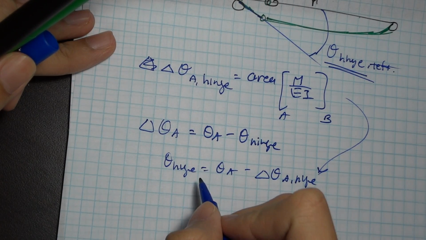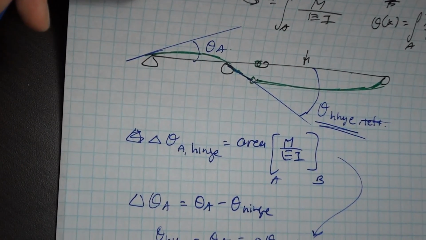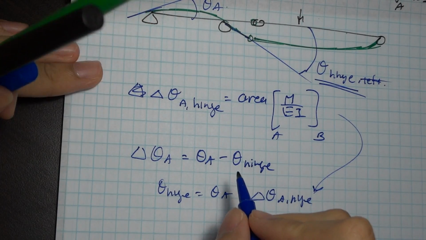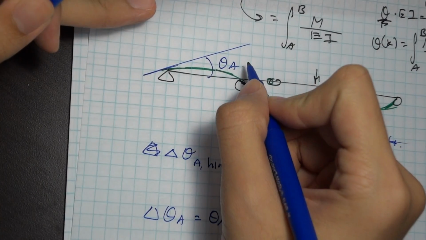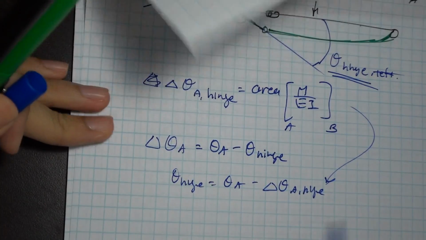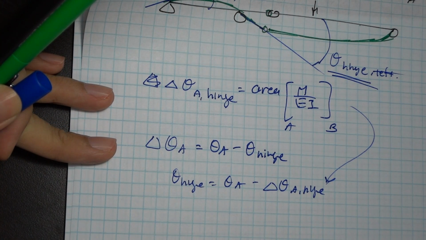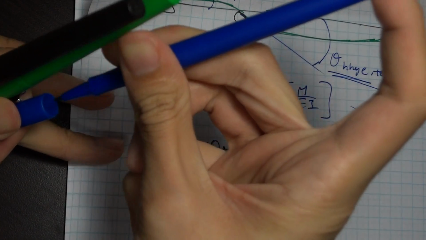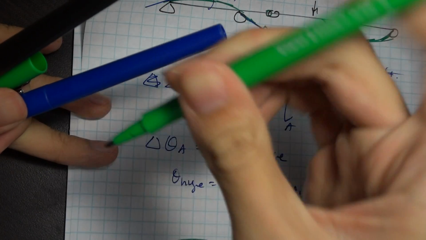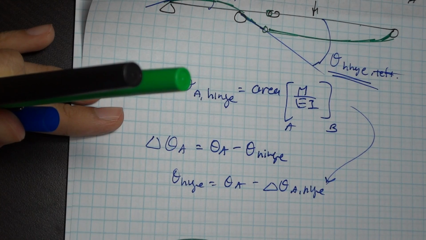Your theta A. Now, what could you use? You can use your moment area methods here, and let's look and see what happens. Let me pull theta A outwards down here. Do you agree that I can draw a triangle from A to B? Let me redraw the deflected shape. And I have some tangent here.